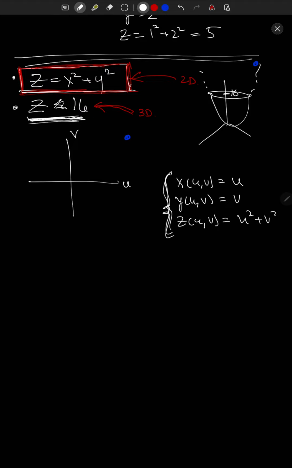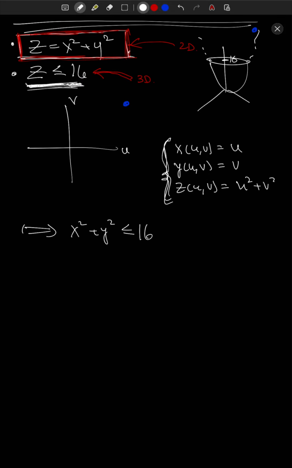But here we can see, well, if I want z equals x squared plus y squared and z less than or equal to 16, that means I need x squared plus y squared less than or equal to 16, right? Why do I want to write it like that? Well, this is useful because I know that x and y relate very easily to u and v, because x is just u and y is just v.